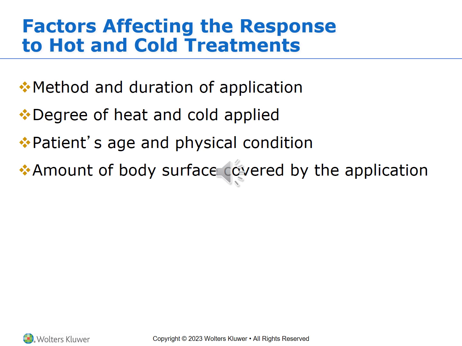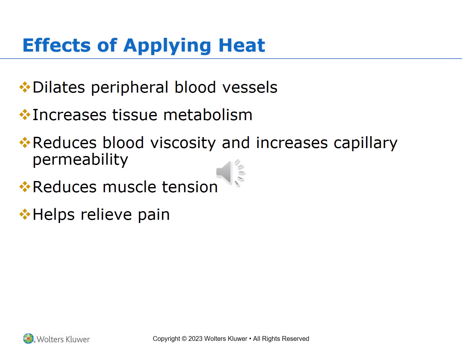On this slide, it talks about method and duration, which we mentioned, the degree of heat applied, age and physical condition as considerations, and the amount of body surface that is going to be covered with this heat or cold application. The effects of applying heat are on page 1193.